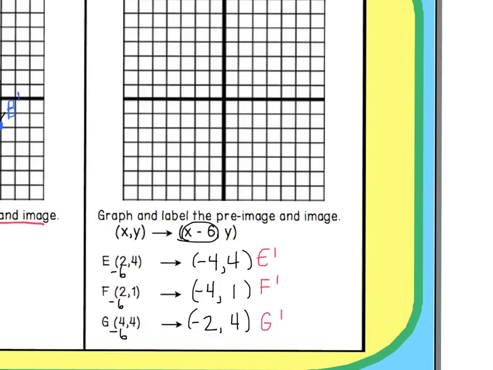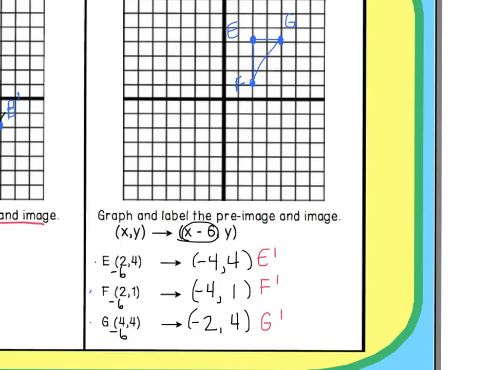I'm going to first go ahead and put my first points in, and I'll put those in blue. So we have 2, 1, 2, 3, 4, labeled E. We have 2, 1, labeled F, and we have 4, 1, 2, 3, 4, labeled G. So we have our first triangle.